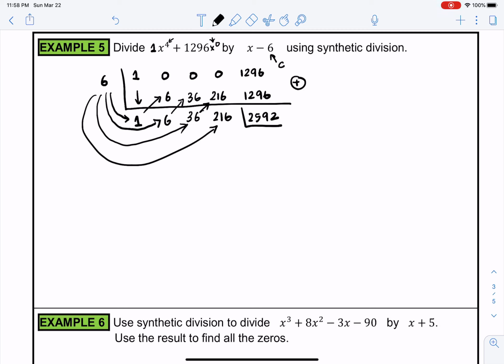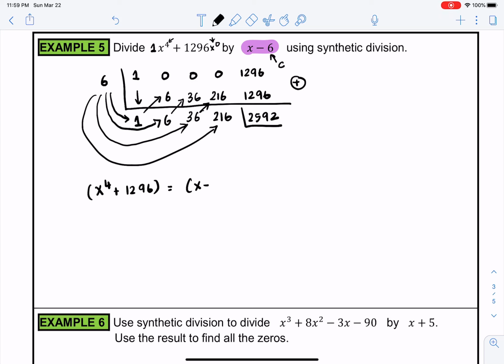And we could always foil this. As I mentioned earlier, we could have x raised 4 plus 1296. That is our original function. We can write it as the divisor multiplied by the quotient plus the remainder. So the divisor here is x minus 6.